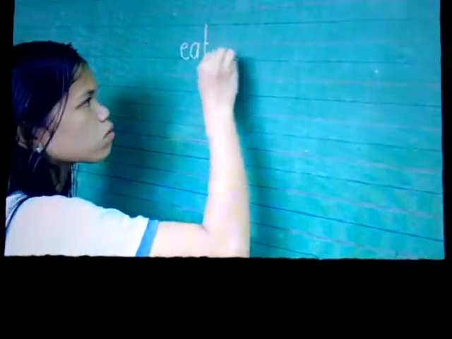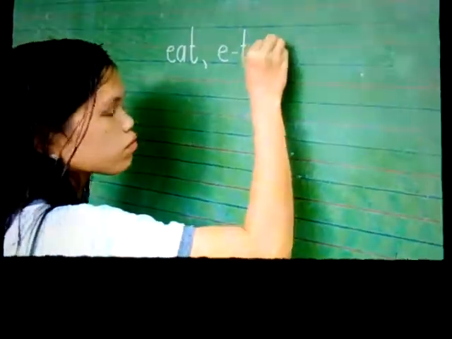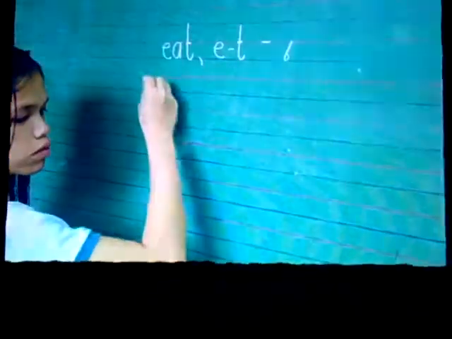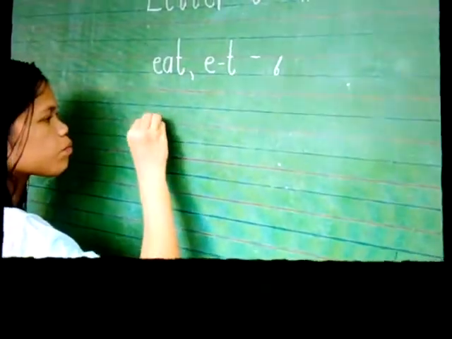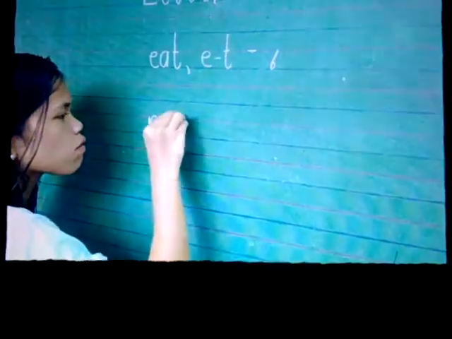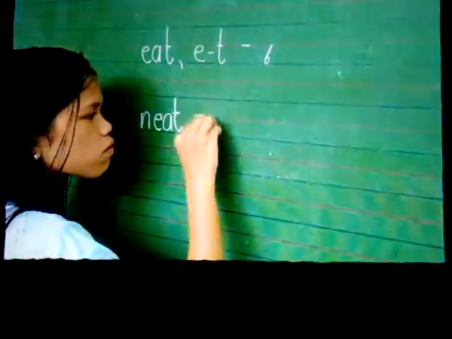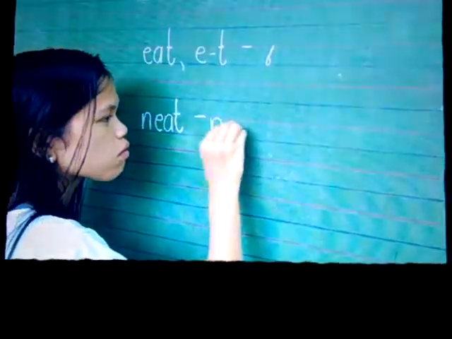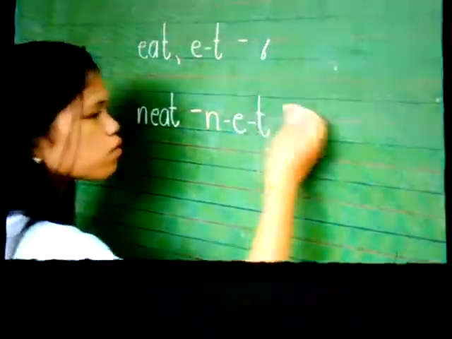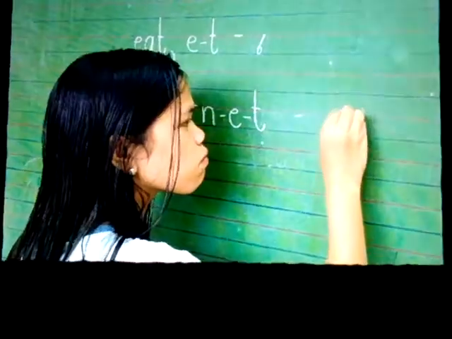It is represented by letter E and letter T. So, the stroke for this are the shorthand letter E and letter T. Next is the word knit. Knit is represented by letter N, E, and letter T. So, the stroke for this are the shorthand letter N, E, and letter T.